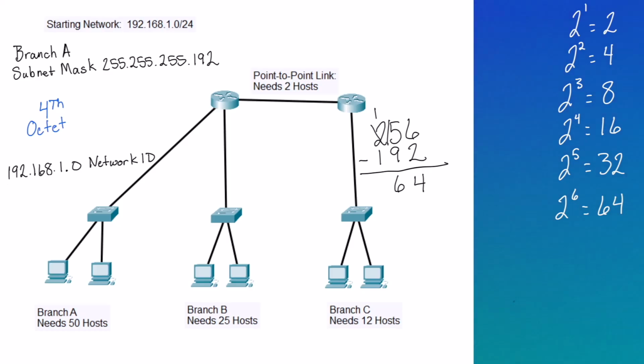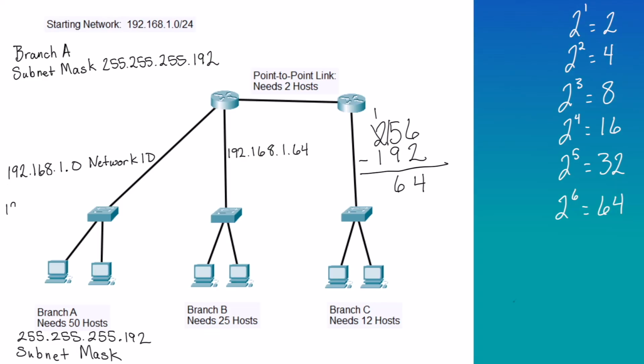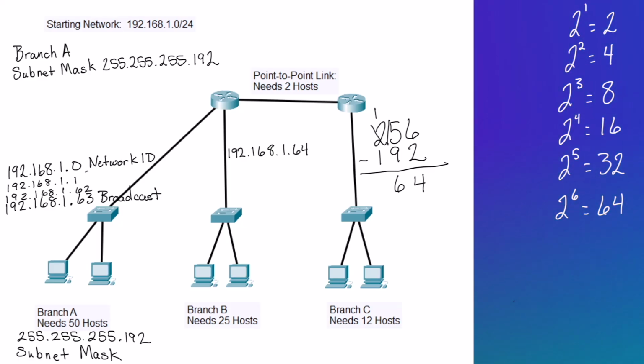In the interesting octet, which is the 4th octet, we're going to add 64. That will give us our next network ID. We can see here in this first network that our entire range of addresses is from 192.168.1.0 to 192.168.1.63. Our usables are here at the .1 and the .62.